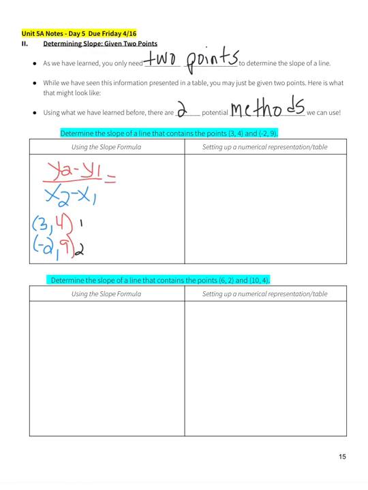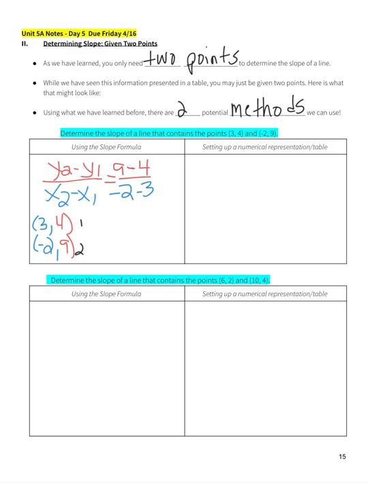So y sub 2 minus y sub 1. We have 9 is my y sub 2, 4 is my y sub 1, so 9 minus 4, over x sub 2, which is negative 2, minus 3. All right, now that I set it up, I go ahead and just solve.